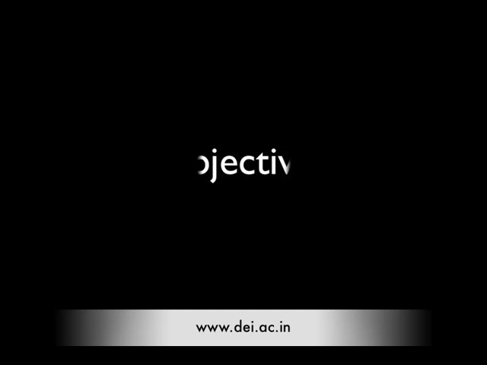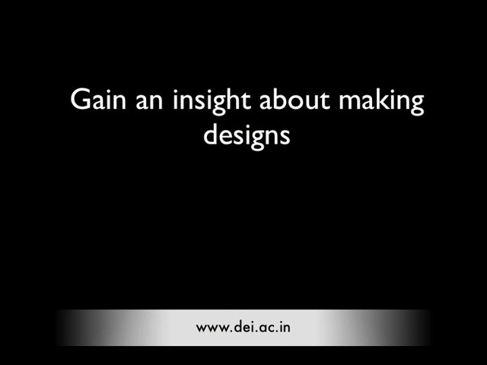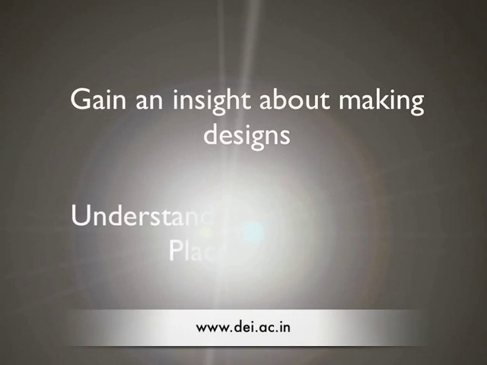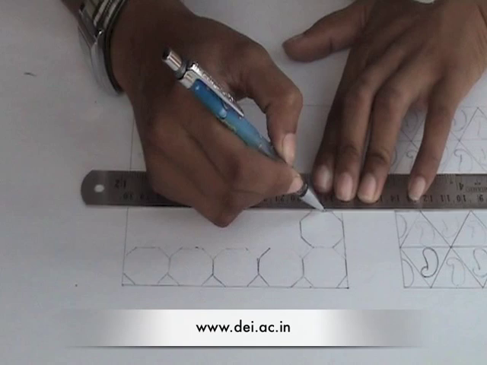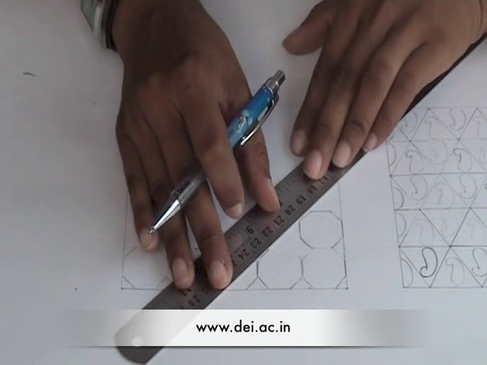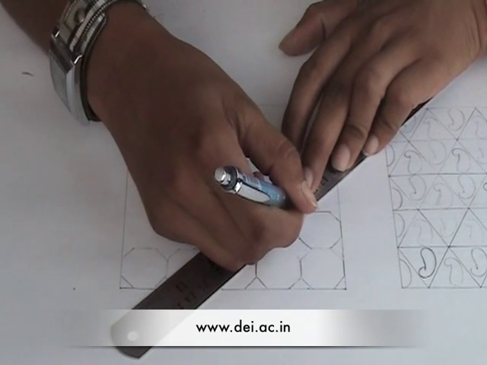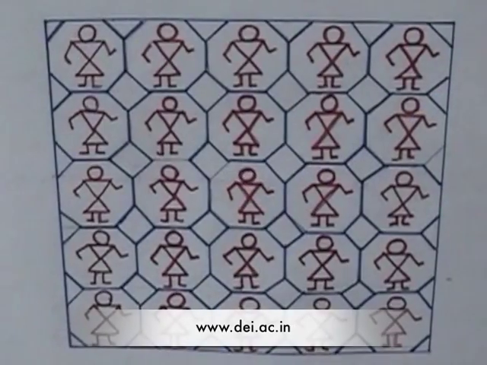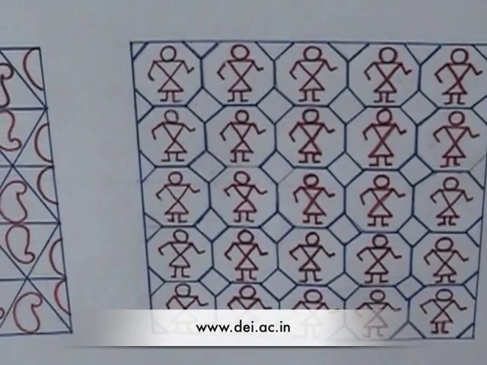The objective of today's class is, after going through this unit, you will be able to gain an insight about making designs and understand the concept of placement. Once you have mastered the insight of making the design and the concept of placement, you're going to really enjoy your block printing.